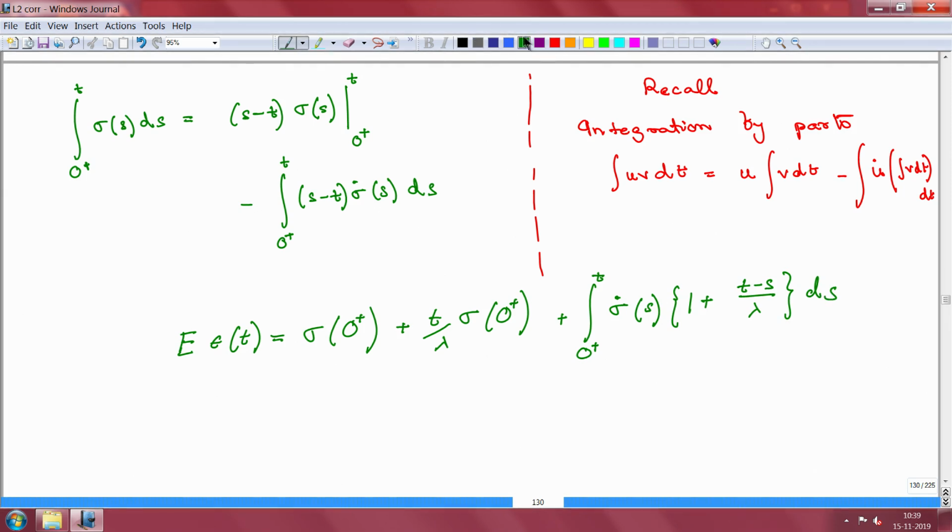You can see that this quantity can be summed up, and we can write this as 1 plus t by lambda.